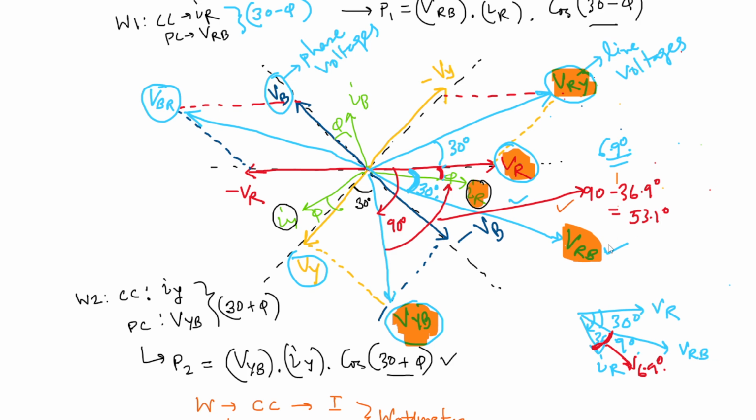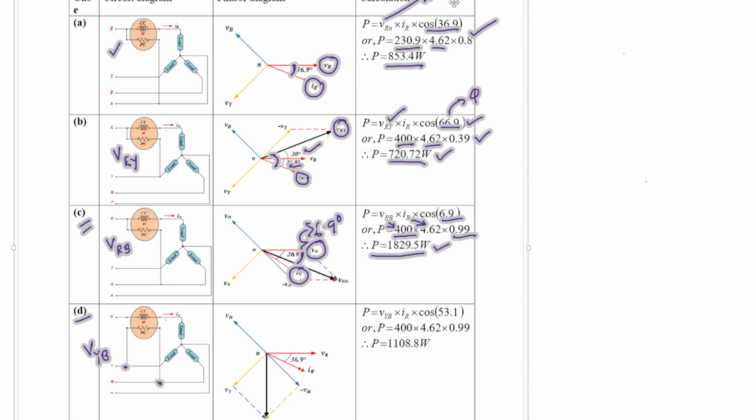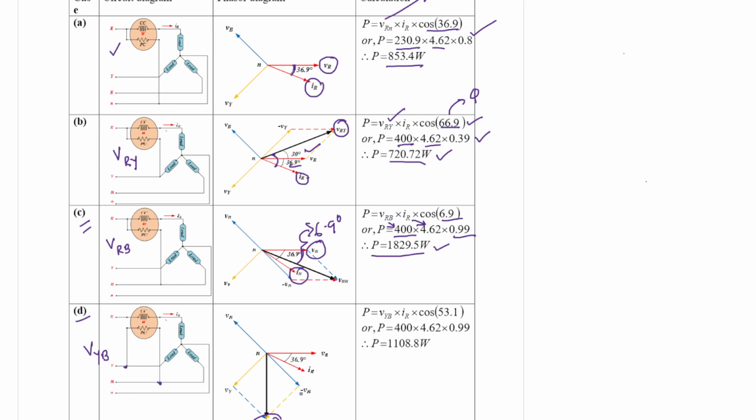Let me again come to this figure. This is VYB, this is 90 degree, and this is 36.9. So the angle between IR and VYB is equal to 53.1 degree.